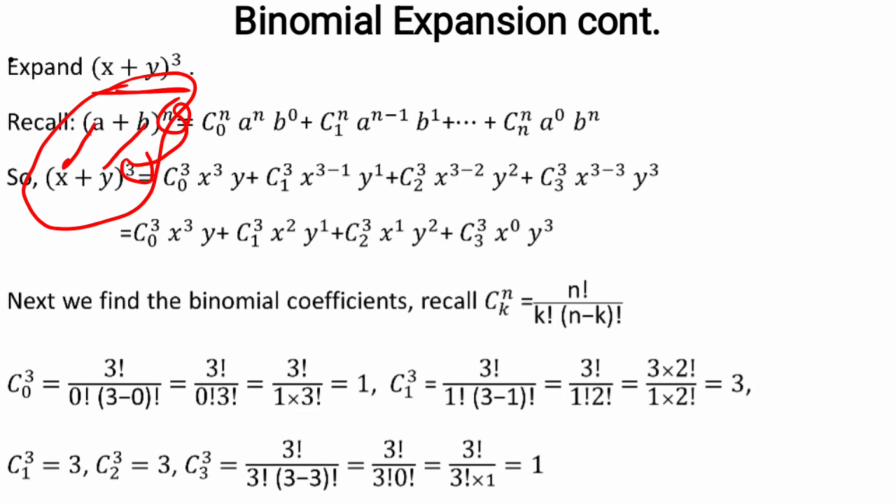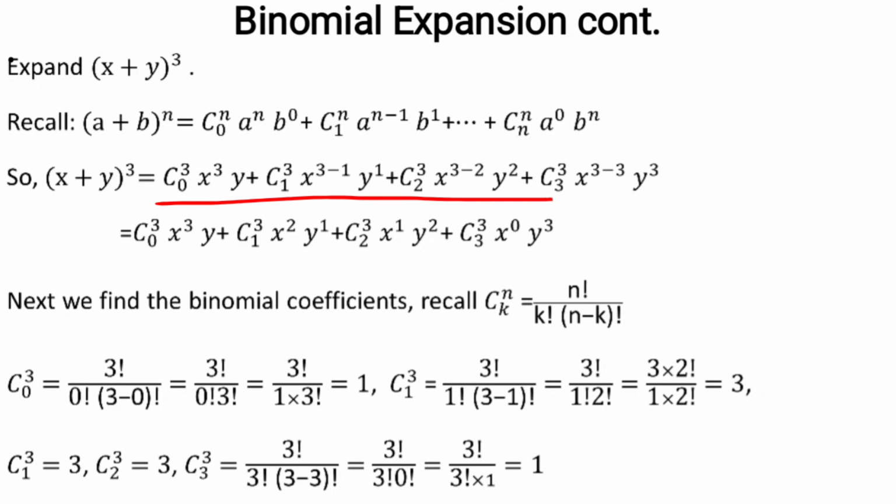So wherever we see a, we put x. Wherever we see b, we put y. Wherever we see n, we plug in 3, right? So you can compare and look at it carefully and see if you can do the same to get these values here. And if you note, how did we know where to stop? We need to stop when we get to the highest possible value of n, because the highest possible value of n in this particular expansion is 3.